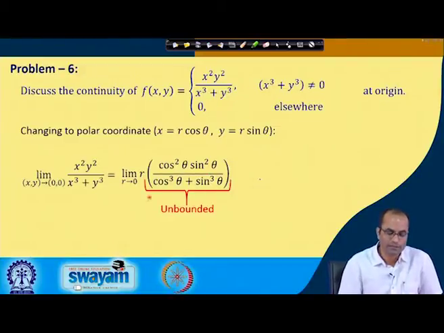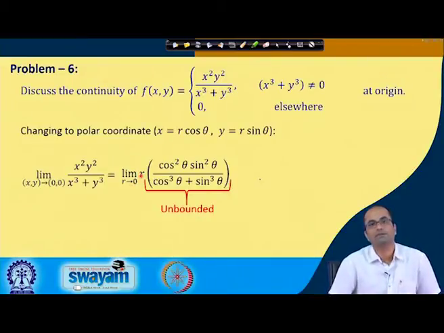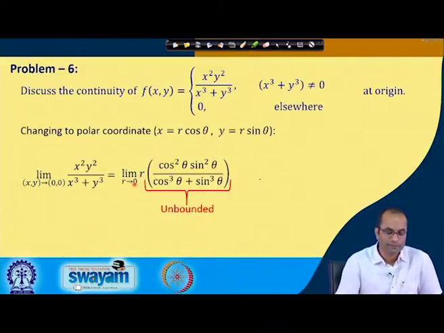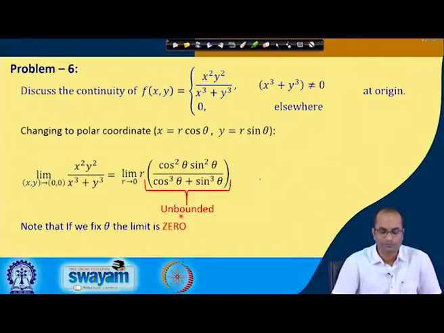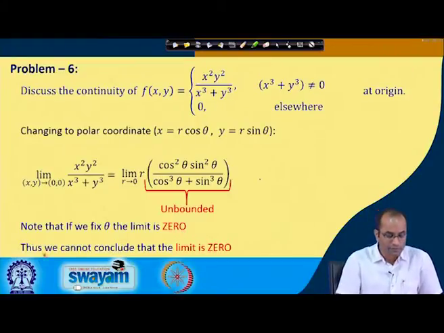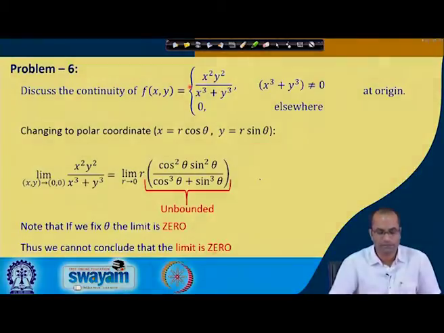So, this is not a bounded function, and we cannot use the fact that this limit as r goes to 0 is 0. If we fix theta, then again like in the previous example, this limit is 0. Thus, we cannot conclude that the limit is 0. We will see in the next slide that the limit in this case does not exist.